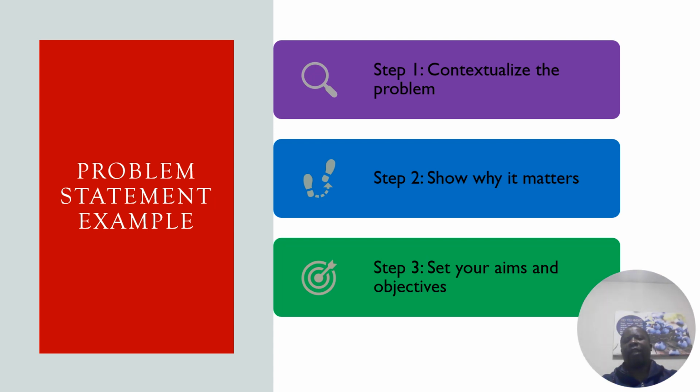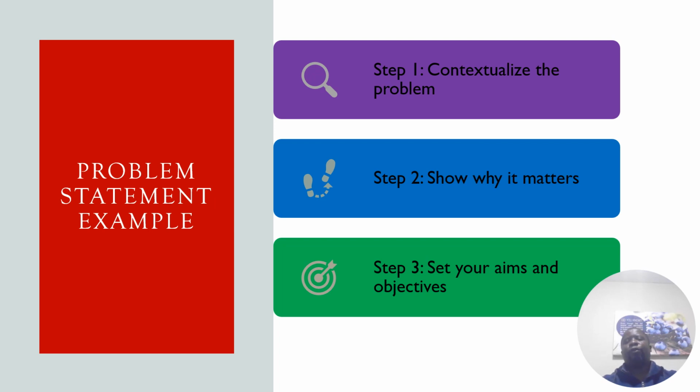Then, as a summary, we talked about the 3 steps. Step number 1, you conceptualize the problem. It is very important for you to take note that the reason why we are doing all those background to the study is that we are conceptualizing the problem, or we want to reach a stage whereby we now say, let's conceptualize our problem. Let's bring back what is known and what is not known in relation to our problem.